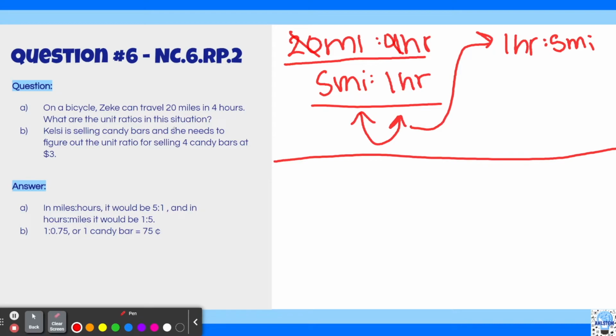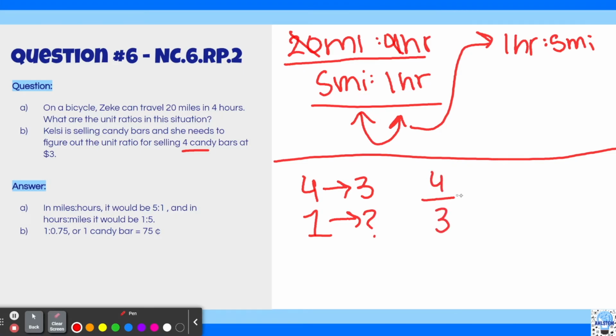At least that's what you can always infer, unless it states otherwise. So we need to find how much 1 candy bar will cost. If we just use some simple division, we know that 4 gets us 3, so buying 4 makes us spend $3. So buying 1 makes us spend how much?